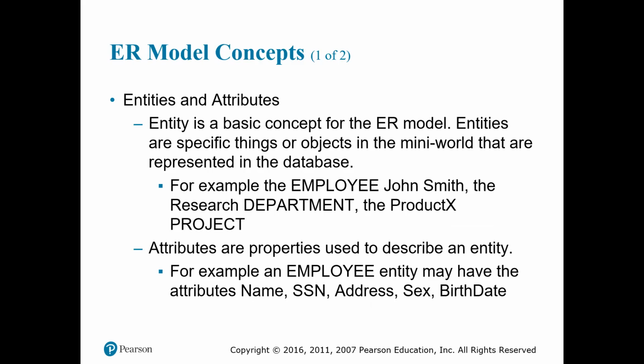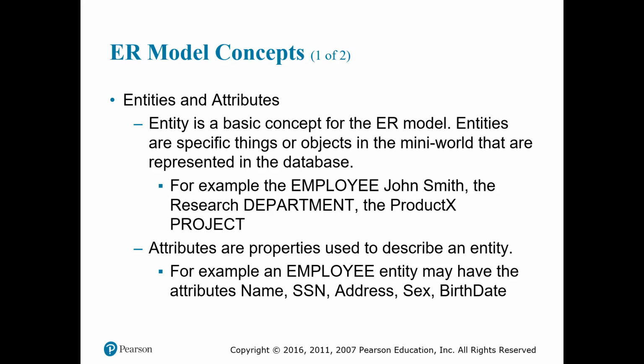An attribute is something that an entity can have that describes it. So an entity would be a person, an attribute would be name. Things have attributes. They have sizes and colors and whatnot. So that's the difference between an entity and an attribute. For example, you've got an employee, he's got an attribute of name.